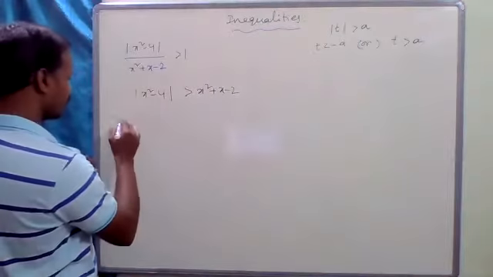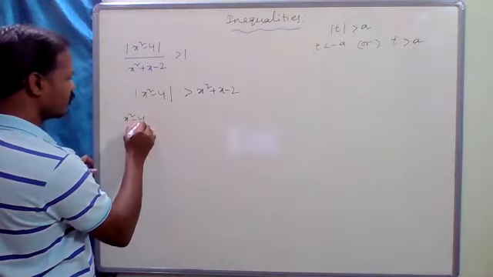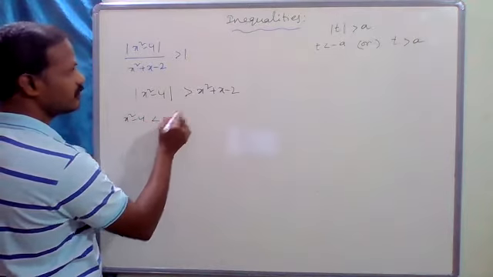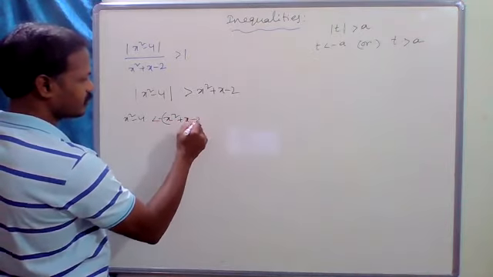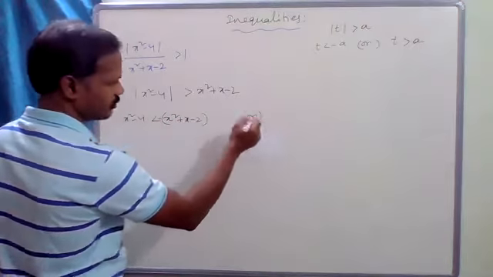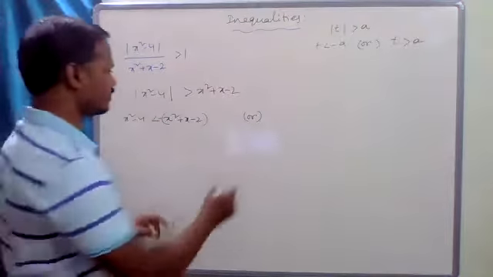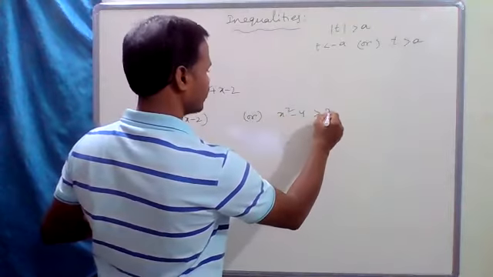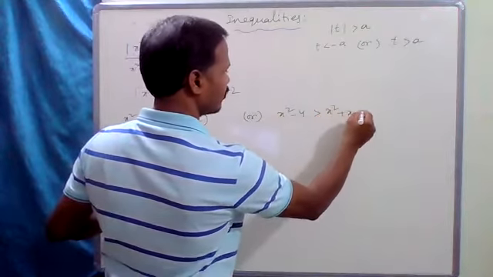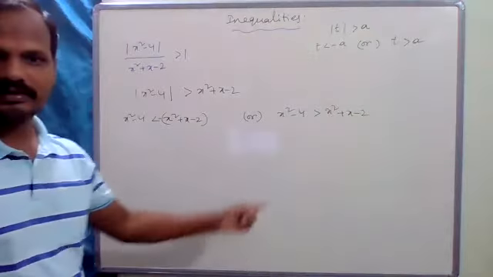So that means x square minus 4 is less than minus of x square plus x minus 2, or the other one, t greater than a, that is x square minus 4 is greater than x square plus x minus 2. Is it clear?